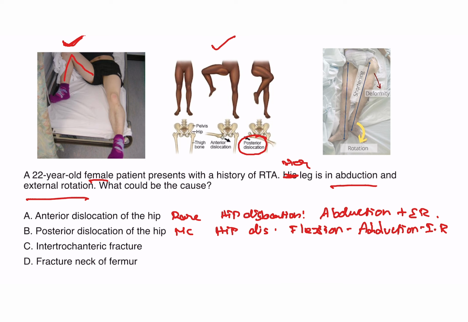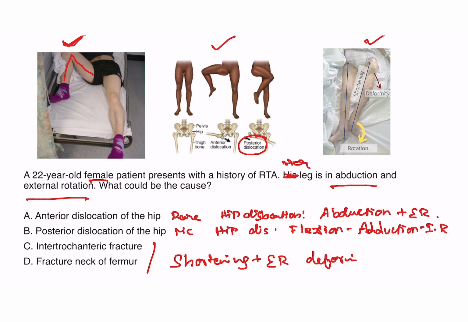Then what about the intertrochanteric fracture and fractured neck of femur? See this picture, guys. Whenever there is an intertrochanteric fracture or fractured neck of femur, the limb would look more shortened, right? There would be shortening plus external rotation deformity, rather than abduction. Of course, the patient can have a minimal amount of abduction, but it is not as fixed as in the case of an anterior dislocation of the hip.